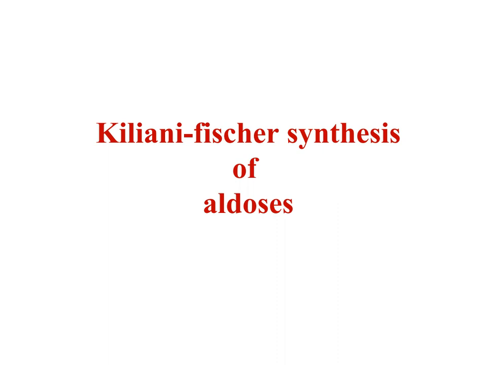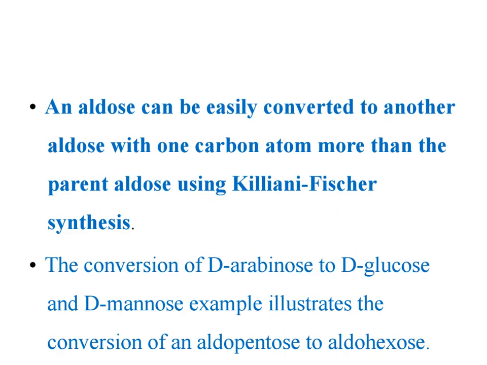We can convert aldopentoses, that is 5-carbon carbohydrates, into 6-member carbohydrates using the Killiani-Fischer synthesis. An aldose can be easily converted into another aldose with one carbon atom more than the parent aldose using the Killiani-Fischer synthesis.